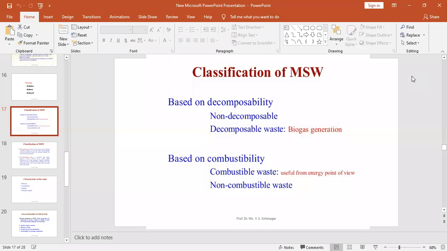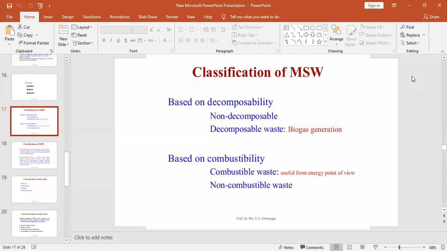Okay, based on decomposability, municipal solid waste is classified into two types, that is non-decomposable and decomposable waste. So what about non-decomposable and what about decomposable waste? Non-decomposable waste is the waste which will not get degraded by natural or artificial methods.